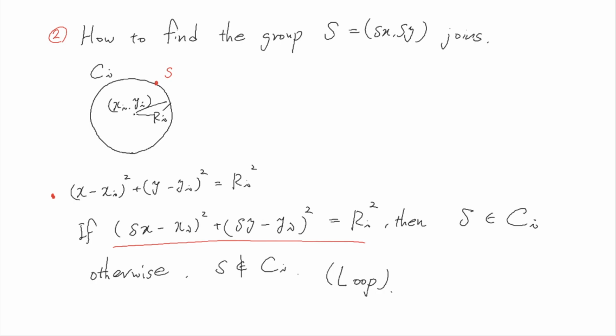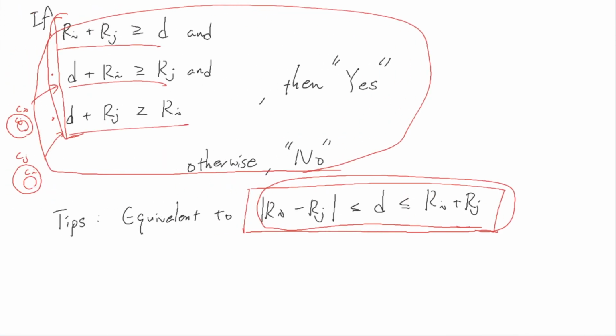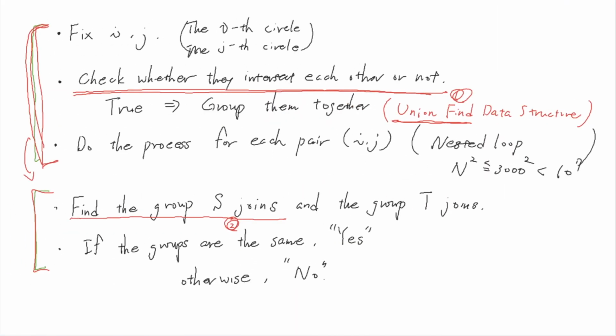So let's do the same process for each i. So you use a loop. So that's all about the algorithm. So finally, just write this algorithm.